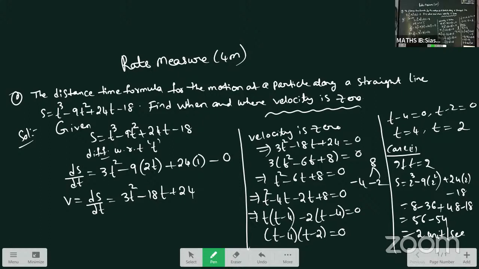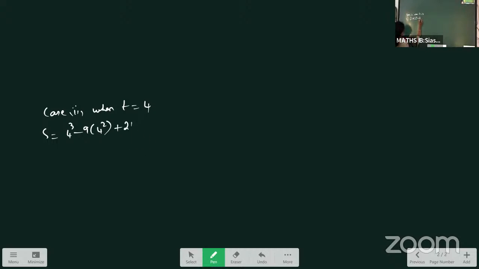Next, case 2, when t is equals to 4. s is equals to t cube minus 9 into t square plus 24 into t minus 18.